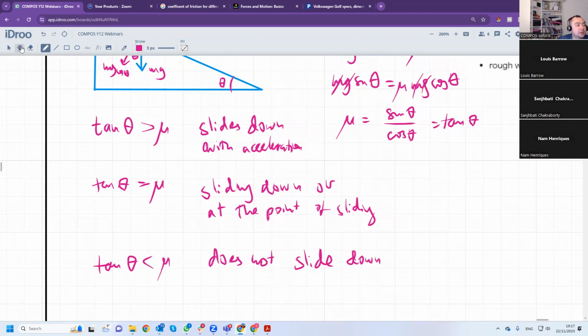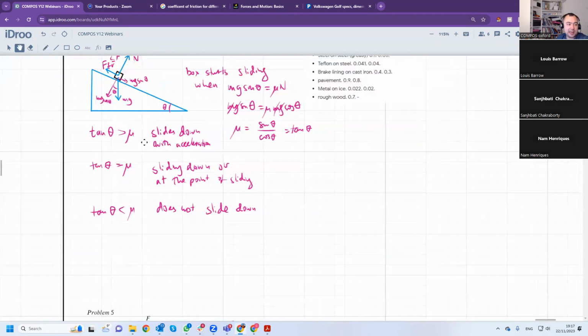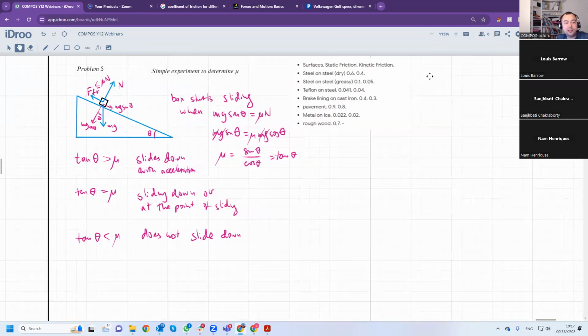Okay, so can somebody help me and tell me what experiment I can do to determine the friction force, let's say between this calculator and this thingy-magic?